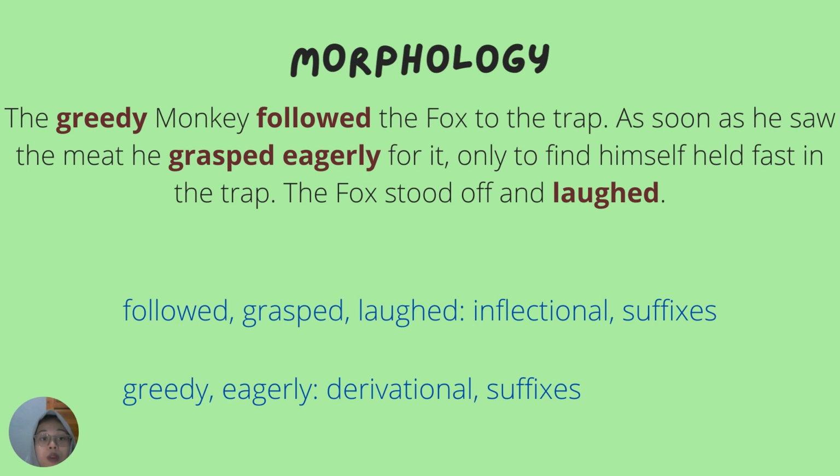Next, the greedy monkey followed the fox to the trap. As soon as he saw the meat, he grasped eagerly for it, only to find himself held fast in the trap. The fox stood off and laughed. So, followed, grasped, and laughed are inflectional because they just add -ed as suffixes.